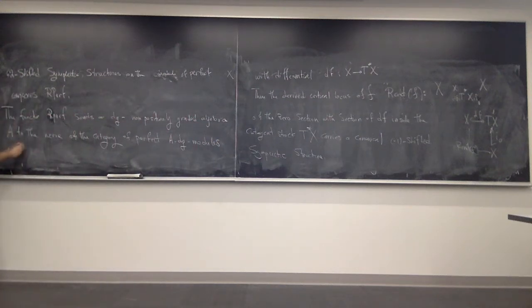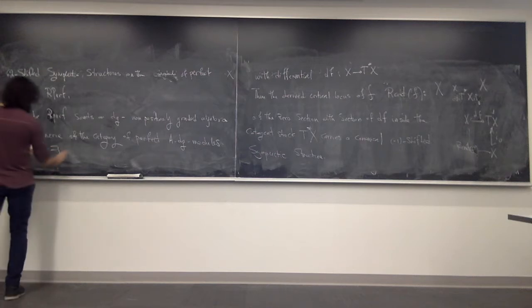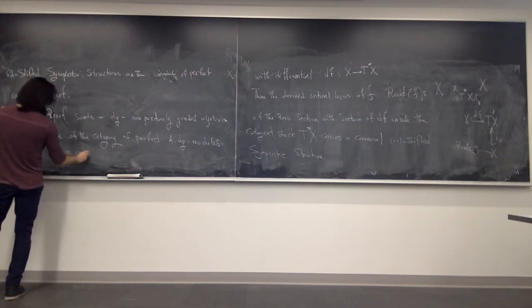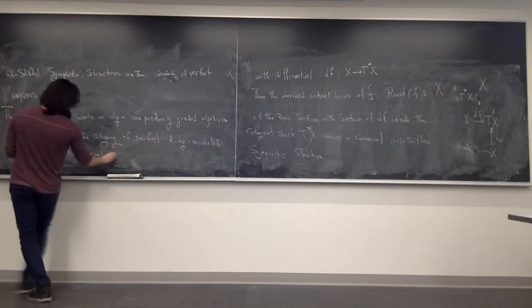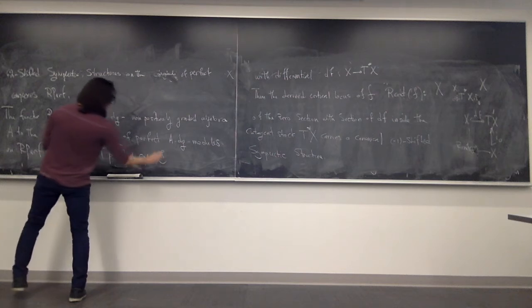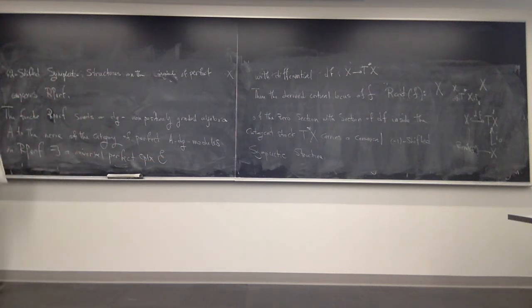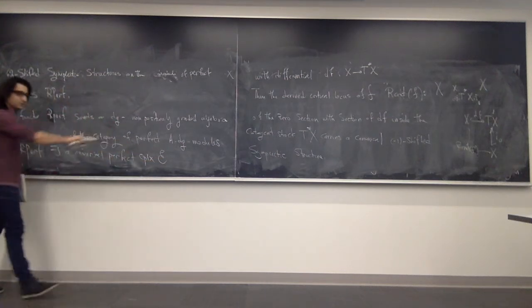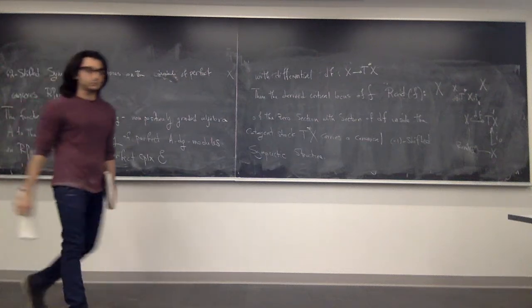On R Perf, there exists a universal perfect complex. Let's call that E, and the DG algebra over R Perf is given as the endomorphism algebra of this universal complex.